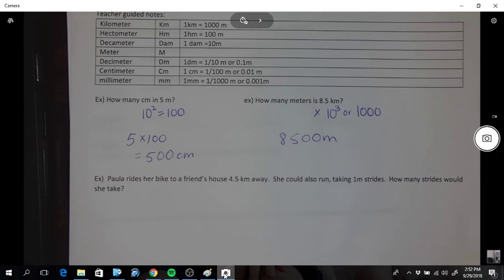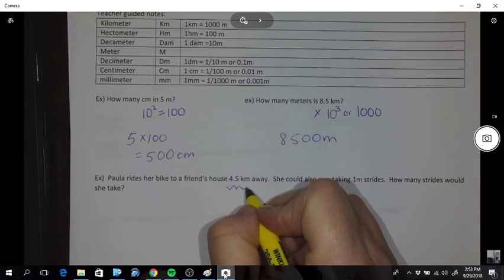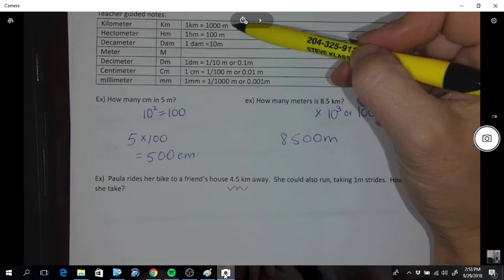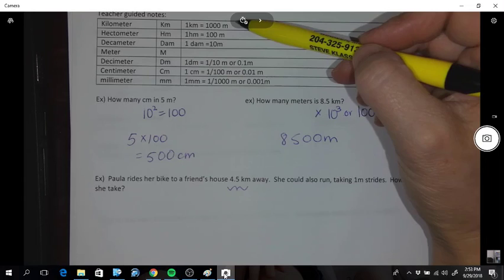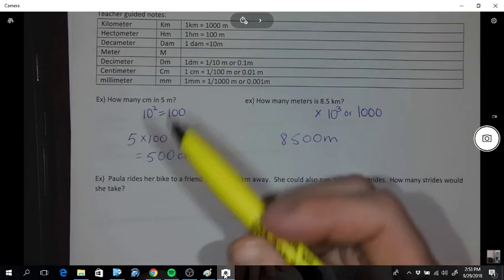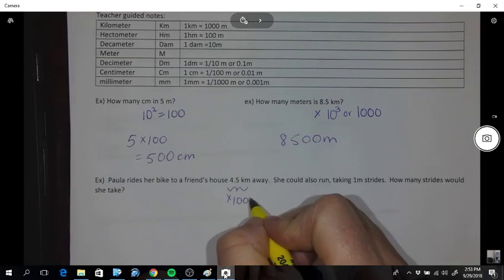Paula rides her bike to a friend's house, which is 4 kilometers away. She could also run, taking 1 meter strides. So how many strides would she be taking? So we need to convert this to meters so that it would match our stride unit. So kilometers to meters, again you go to your chart, kilometers to meters, you're going 1, 2, 3, so that's timesing by 1,000.